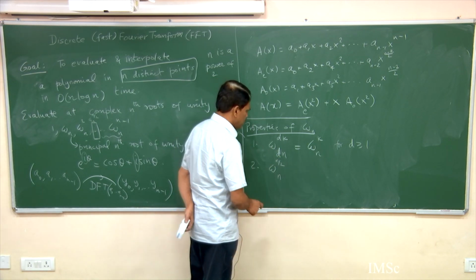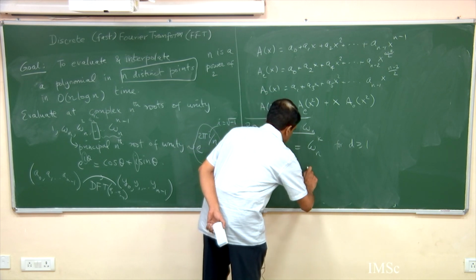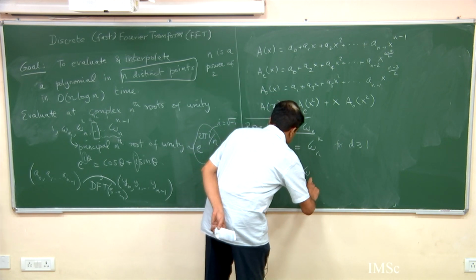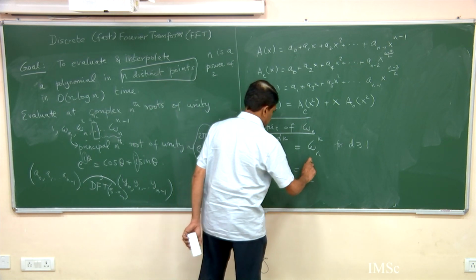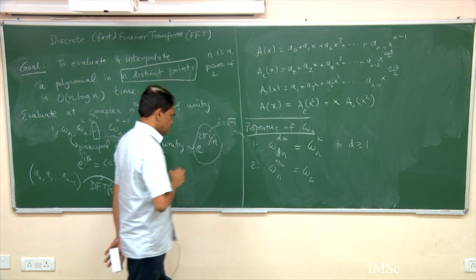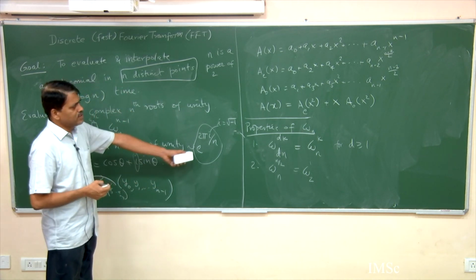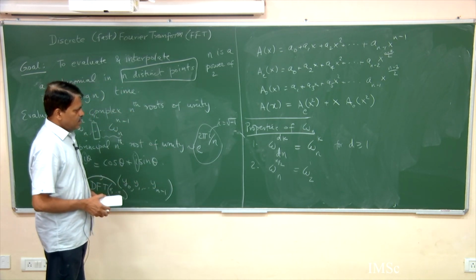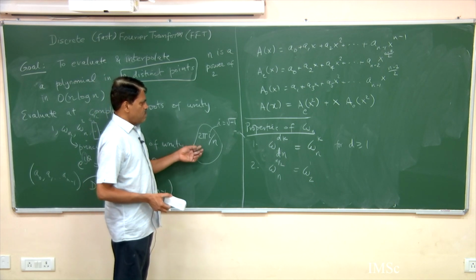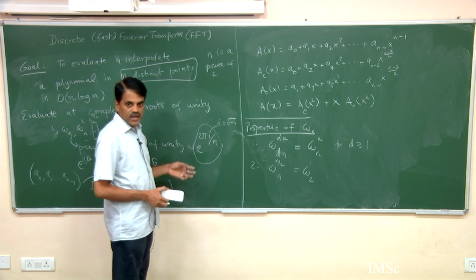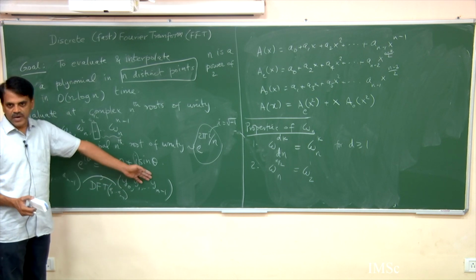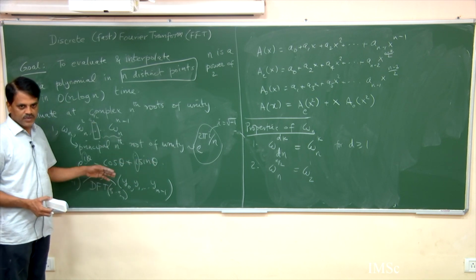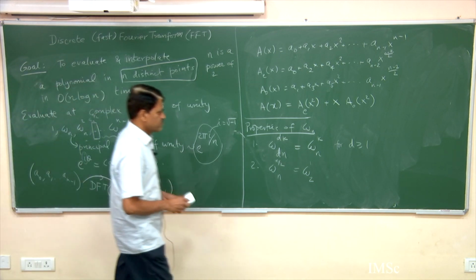So I'm going to cancel out n by 2. Or you can just plug it into the formula and see what you get. It will be basically e to the pi i, and e to the pi i from this formula is cos pi plus i sin pi. This thing will vanish and this will become minus 1. So this is minus 1.